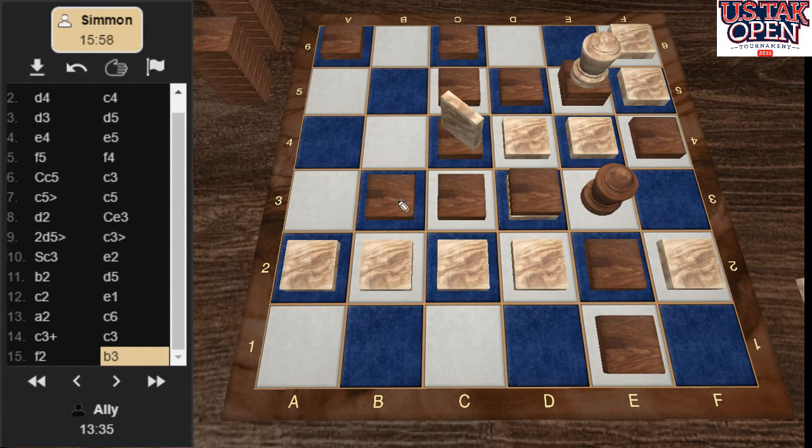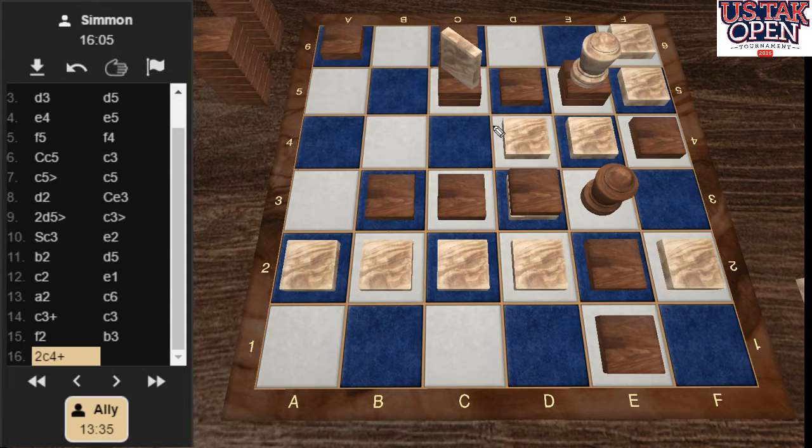Now, of course, along with that, you could realize that that gives Simmon plenty of options for attacking back upward onto Ally's road. So, while it's good to prevent your opponent from winning, it's not necessarily going to be the best for helping you win.